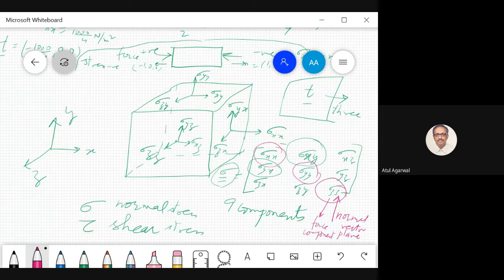Then my stresses on plane having normal vector in x direction is sigma xx, sigma yx, sigma zx. Stresses on the plane having normal vector in y direction, that is my xz plane, will be sigma xy, sigma yy, sigma zy. Stresses on the plane having normal vector in z direction, my xy plane, will be sigma xz, sigma yz, sigma zz.